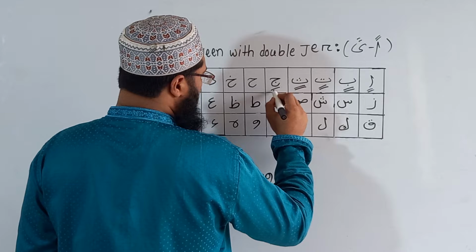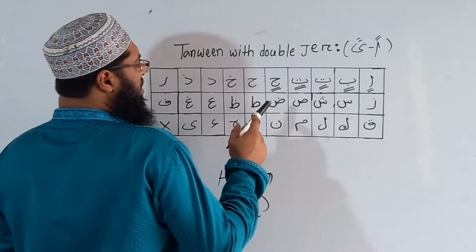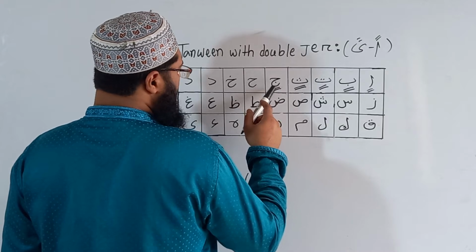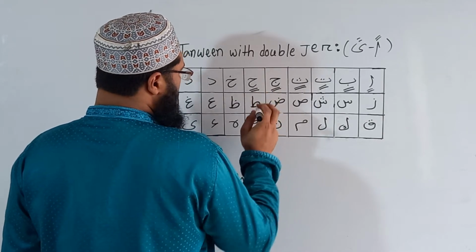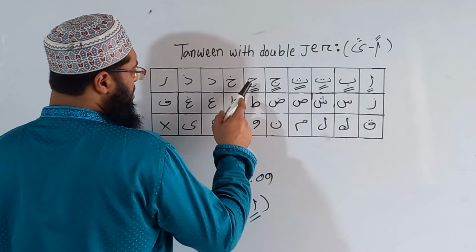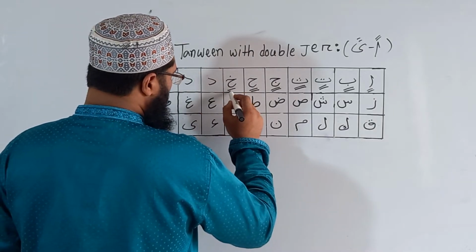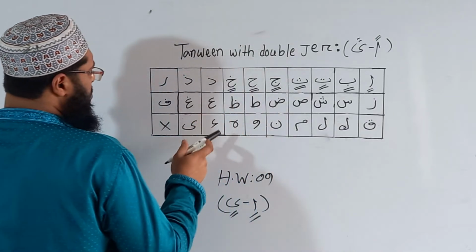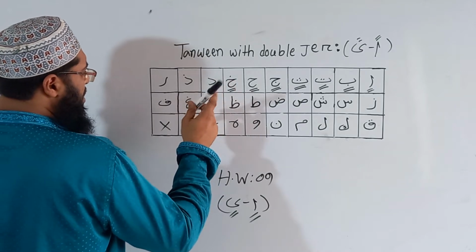Now I'm giving double Zer under the Jim, and you have to pronounce this one Jim Dui Zer Jin. Then you have to pronounce this one Ha Dui Zer Hin. You know that this one is Kha. After that, you have to pronounce this one Kha Dui Zer Khin.